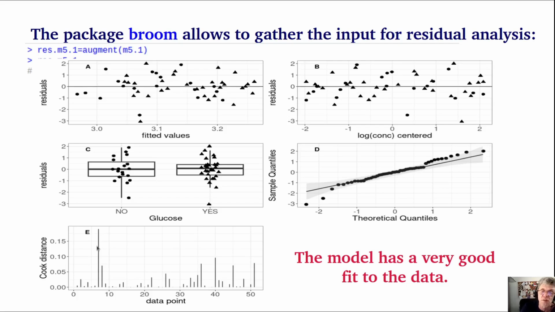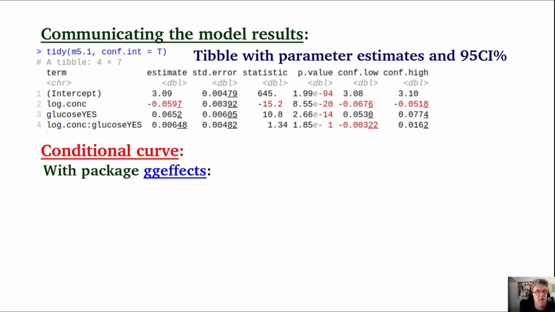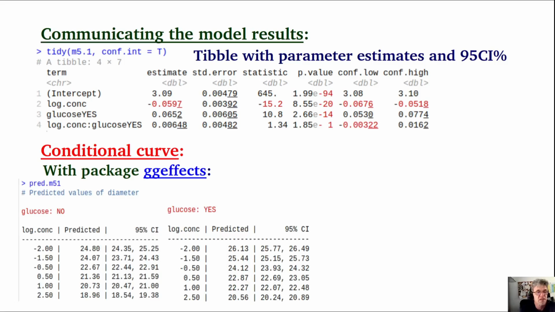I refer you to previous videos where I explained and did this refitting of the model without one of the points. To communicate the results, we obtain, as usual, the table with the parameter estimates and the 95% confidence intervals. And even better, the conditional curve obtained by the package ggeffects.